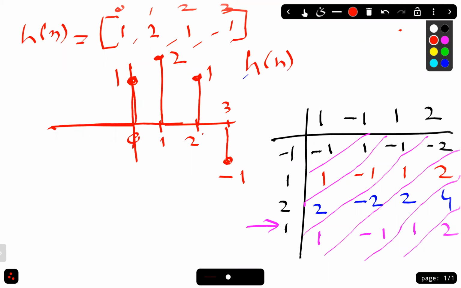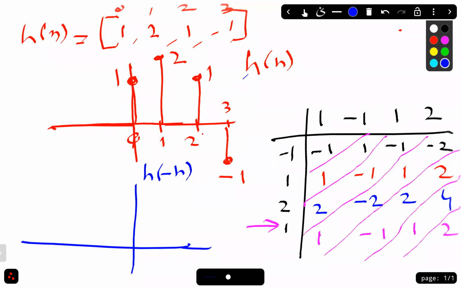आलं लक्षात? येस सर. आता आम्हाला H of -n प्लॉट करायचा आहे, राईट? I wanted to plot H of -n. कसं प्लॉट करणार तुम्ही? Taking mirror image. H of -n म्हणजे कसा असतो? जस्ट मिरर इमेज. मग काय होणार? 0 ला जो व्हॅल्यू आहे, whatever is the value on 0, it will remain same. ठीक आहे? And whatever is there on 1, it will come to -1.